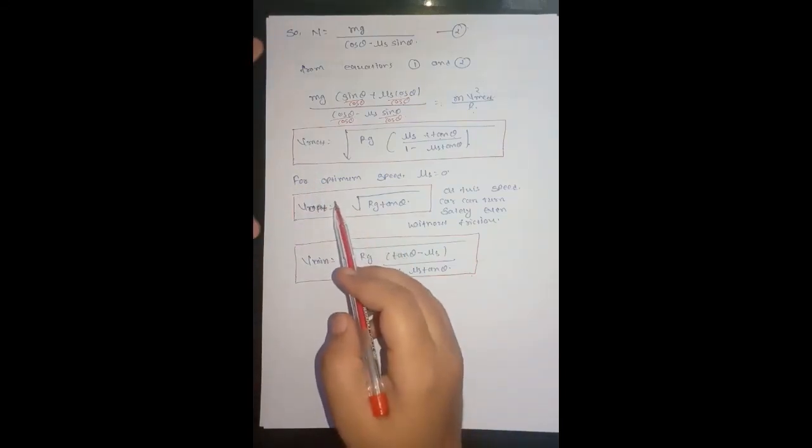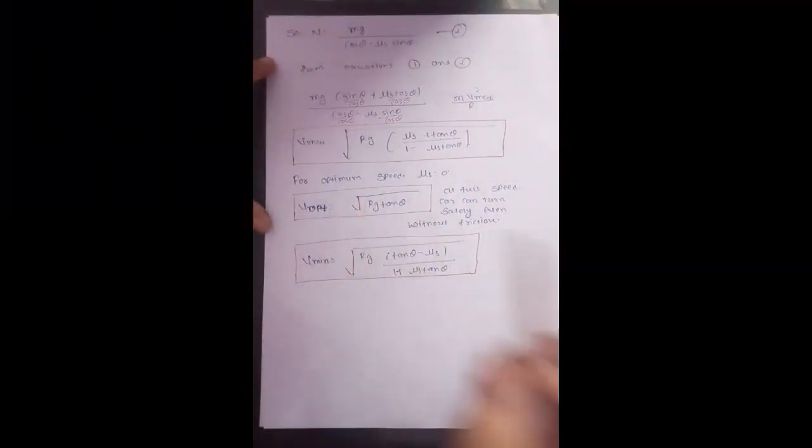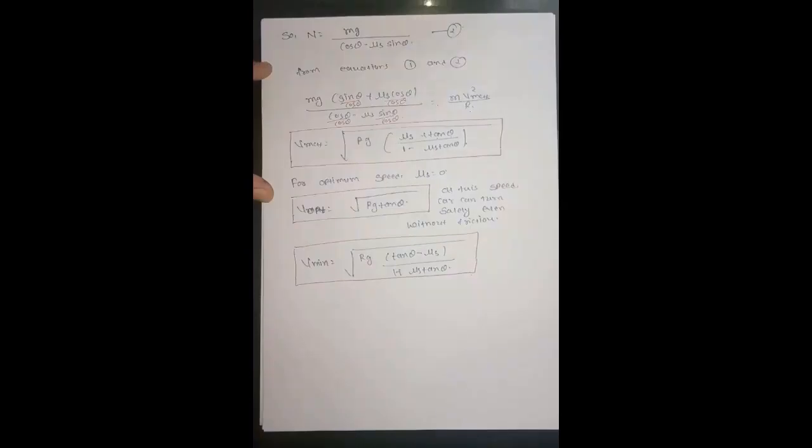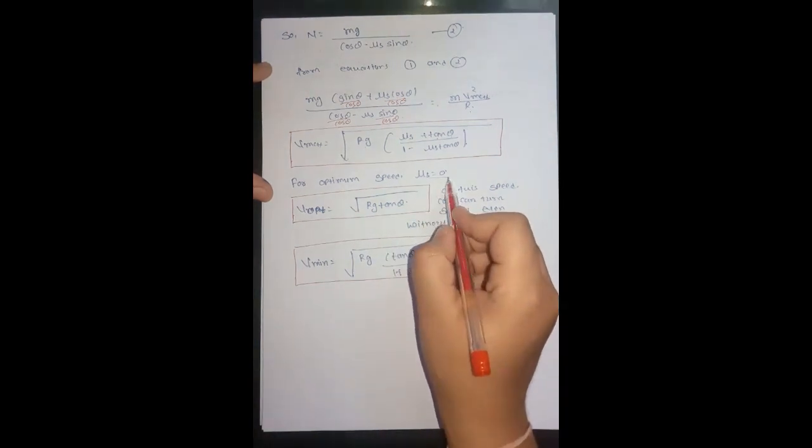Now we want to find the optimum speed. First of all, we have to understand what is optimum speed. The optimum speed is the speed with which the car can move on a level banked road even when the road is perfectly smooth. So for that, if the road is perfectly smooth, mu s is taken 0.